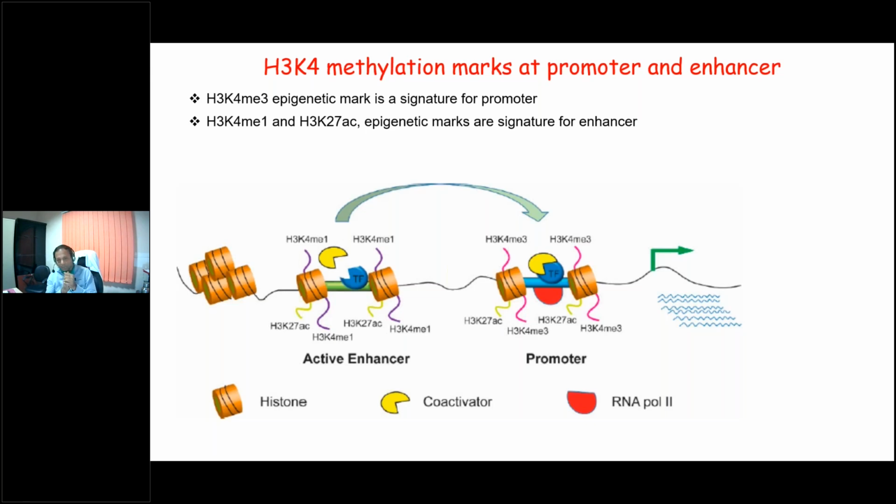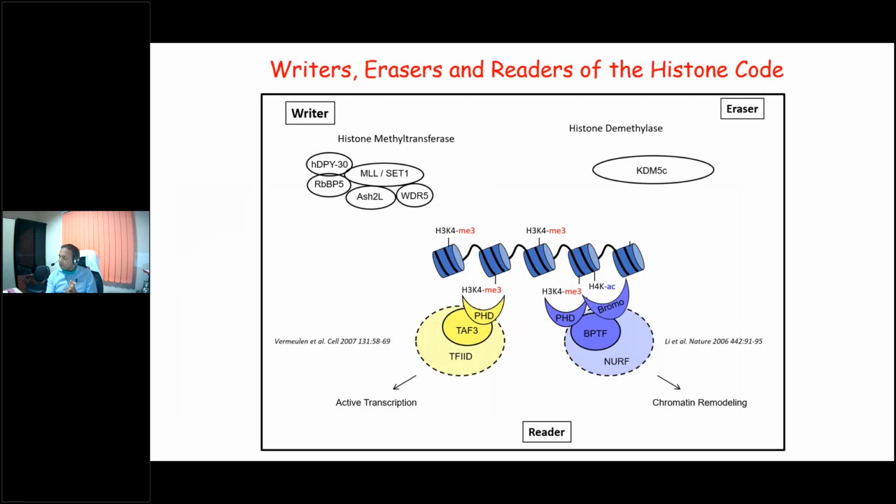Then you will answer, okay, this H3K4 monomethyl is a marker for an active enhancer. So there are writers. We talked about the different types of the MLL complex that can mediate the H3K4 trimethylation.